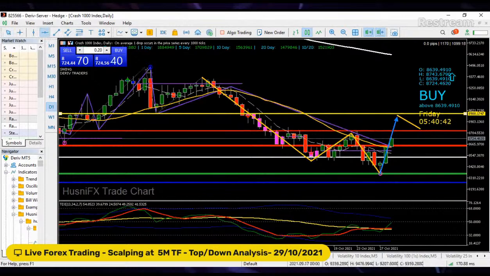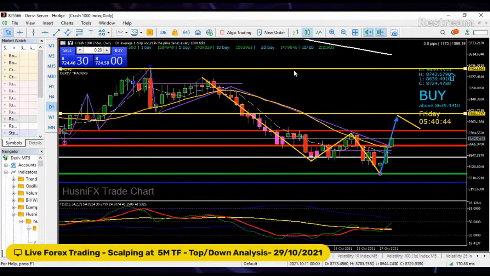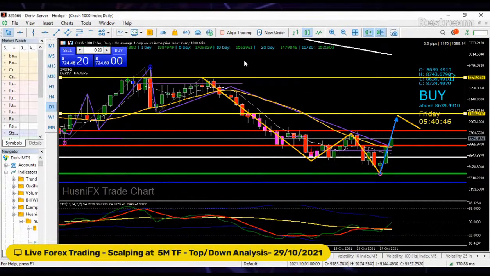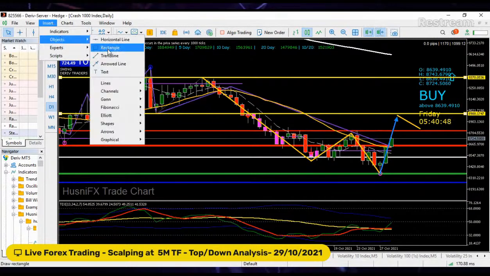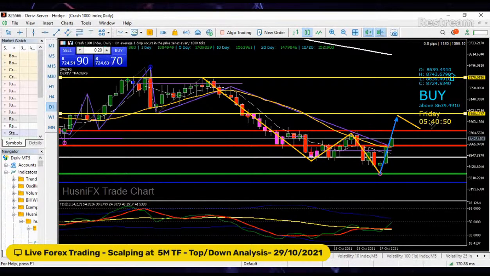So you see higher high, higher high, where the market is possible to reach at the final point. But do we trade in higher time frames? As I'm analyzing the daily time frame, no, I do not place my entries at higher time frames. I always trade at M5. That is how I trade.